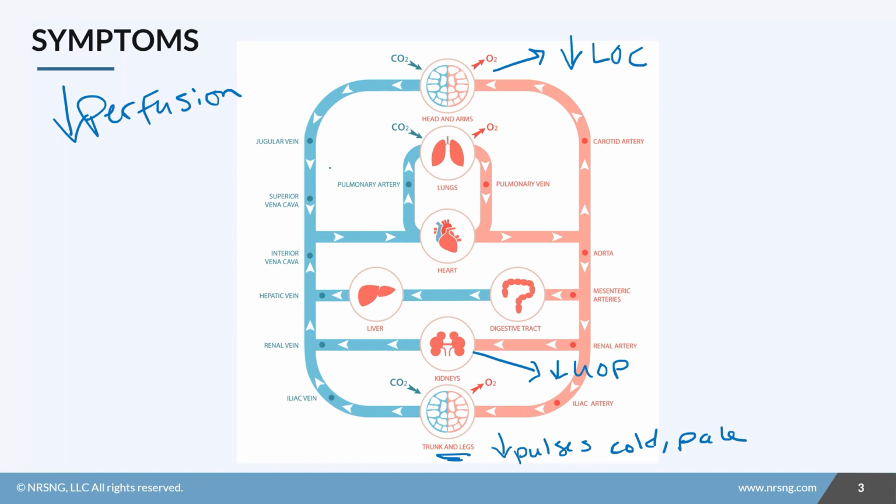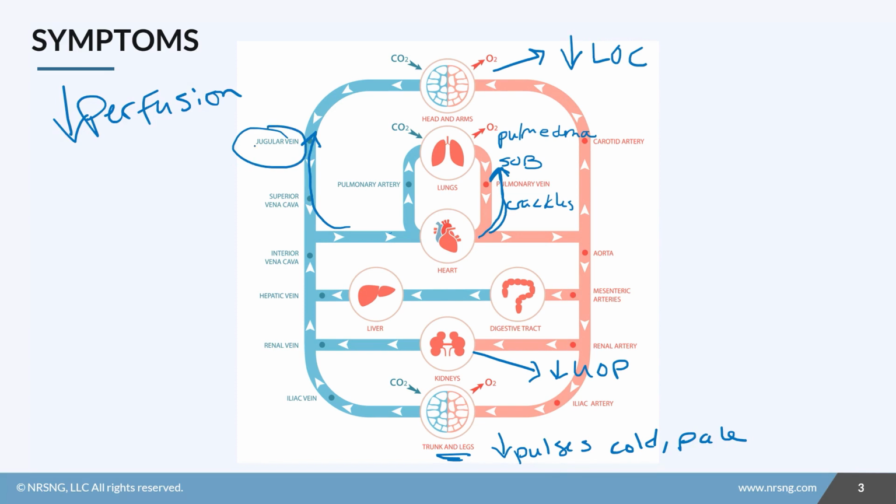Now, we may also see problems with fluid backing up, right? This is heart failure, so we can have a backup of fluid into the lungs. We'll see pulmonary edema. We'll see shortness of breath, right? We might hear some crackles. So decreased perfusion as well as fluid going backwards. And then, of course, what happens when fluid goes backwards into the body?